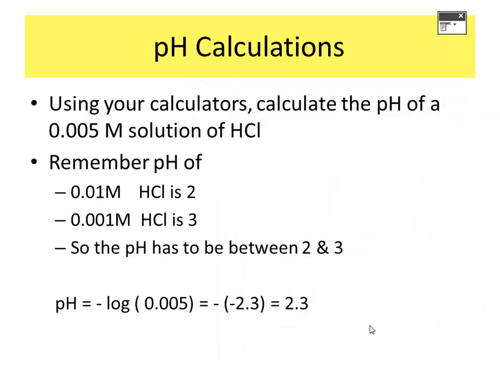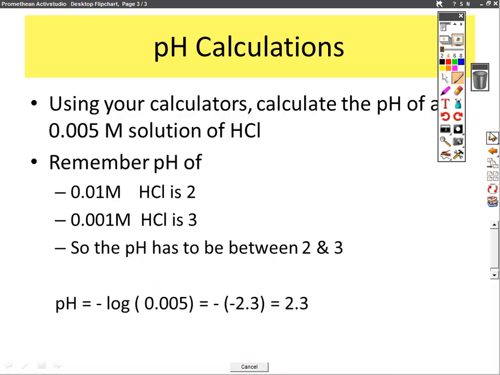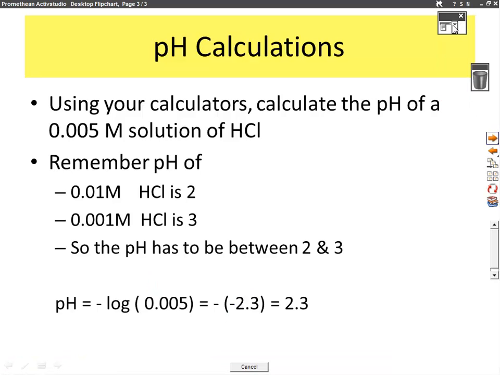So moving on. Take out your calculators, and we're going to do some calculations. When you're calculating these values, if you wanted to know the pH, follow along with me.